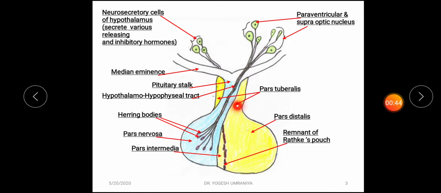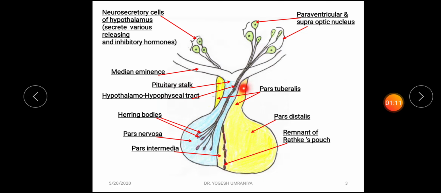Now, within the anterior lobe there are various subdivisions. The main subdivision that is lying here is known as the pars distalis. Okay. Now, this pars distalis is continuous superiorly, forming a collar-like or sheath-like structure around this infundibulum region.